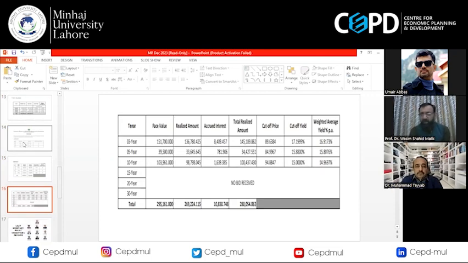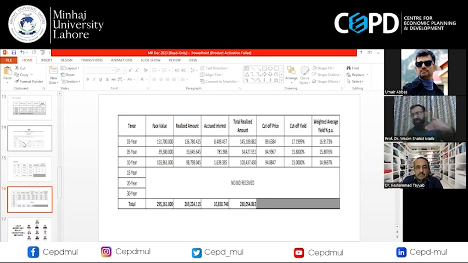If we look at the Pakistan Investment Bond, it is floated with different maturities from 3 years to 30 years. If you look at the weighted average yield of the 3 years Pakistan Investment Bond, that is 17% approximately. 5-year 15.8%, 10-year 14.9%.